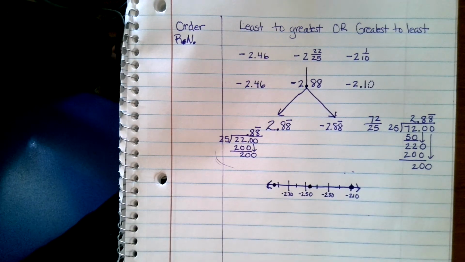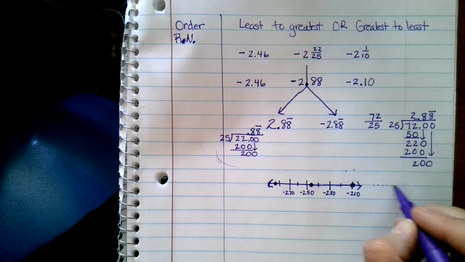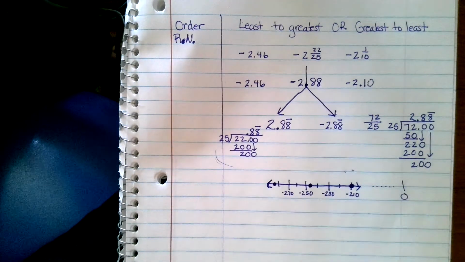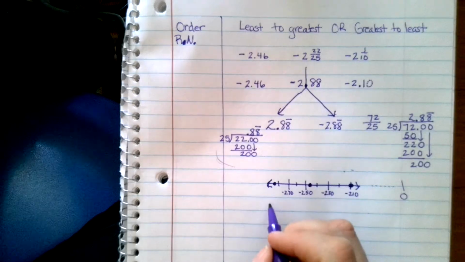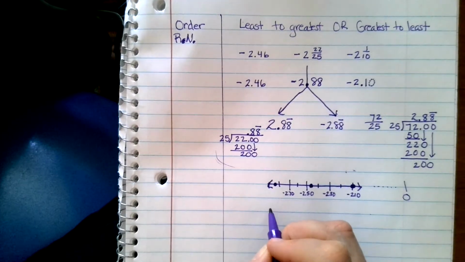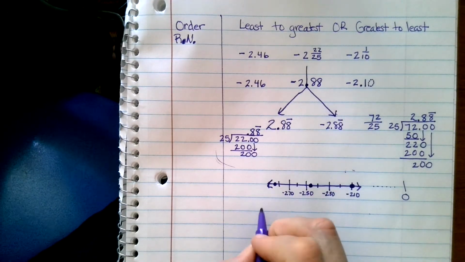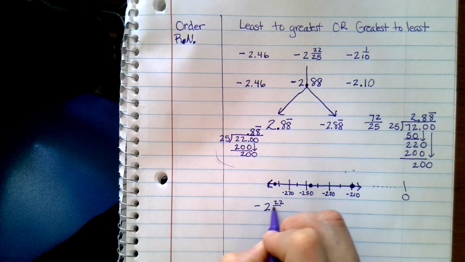So you can see on this number line, the smallest, because it's further to the left, if this were a number line out here, 0 would be over here, right? So it's furthest to the left. The smallest decimal is negative 2.88, and so that is this mixed number, negative 2 and 22/25ths.